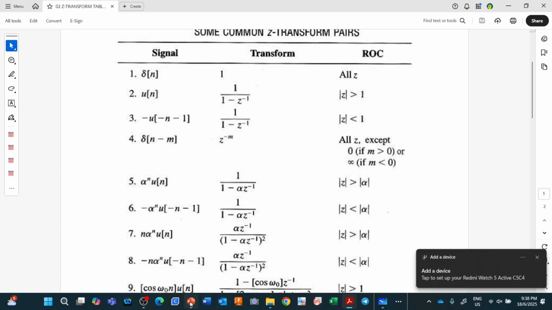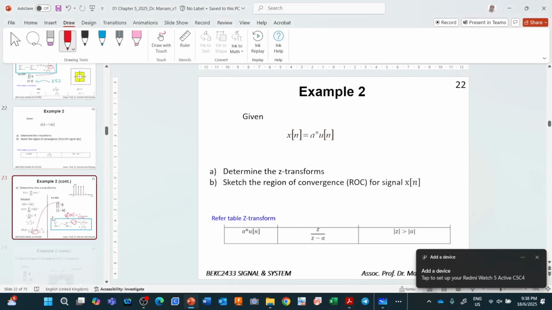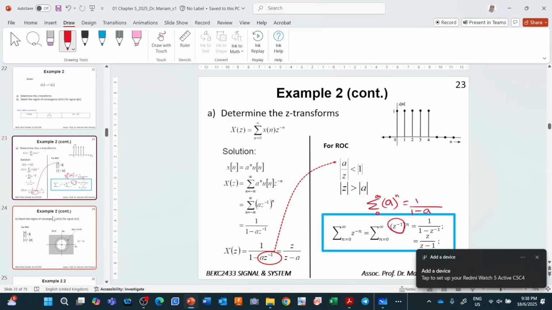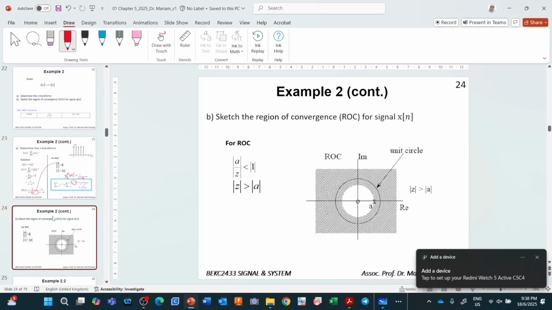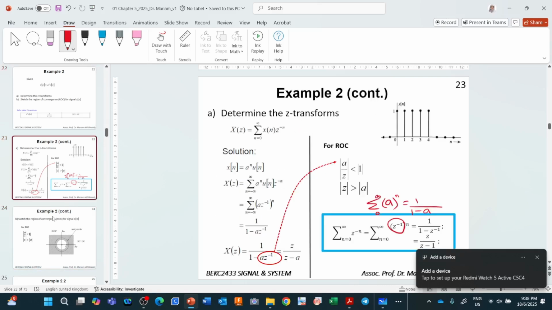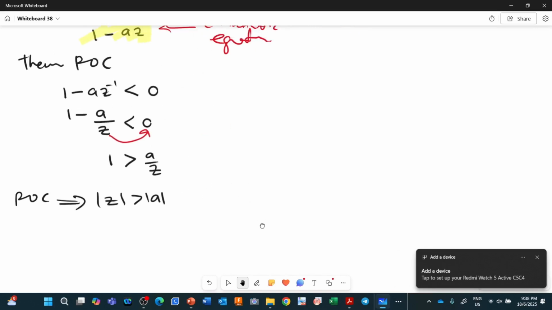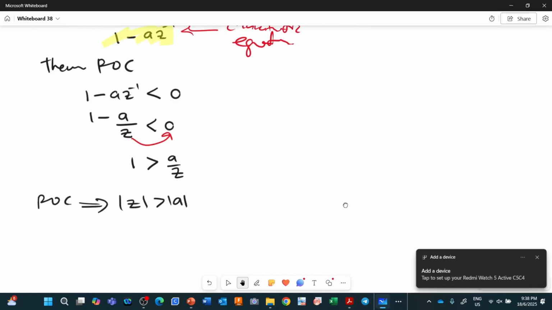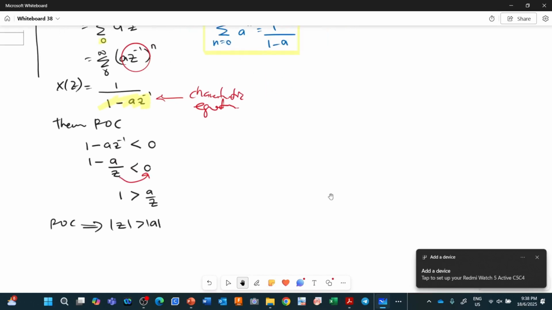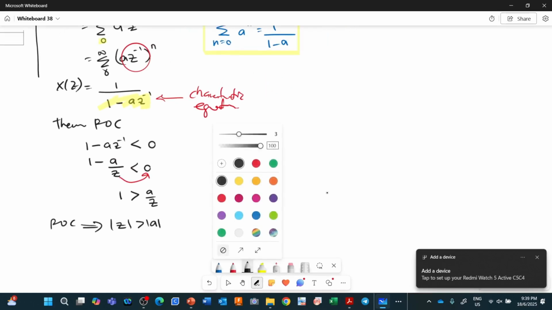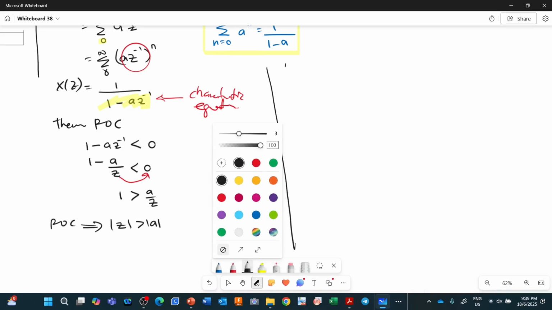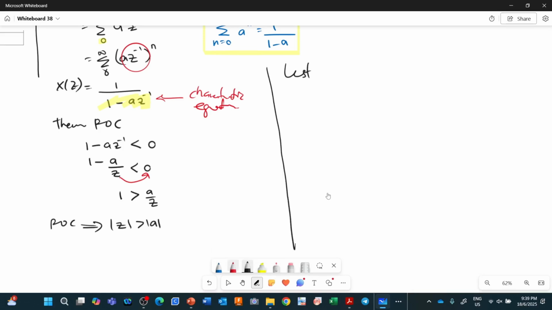Inside this is the explanation also. Let's say for the ROC, because we have only the a value, let's take a value, say a equal to 0.5.